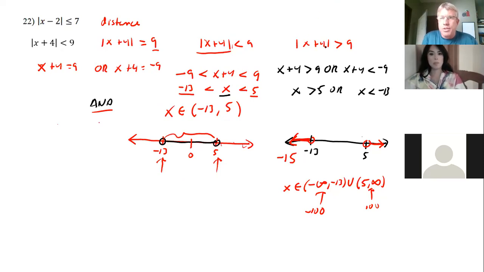To be greater than some distance from 0, you're almost always going to get a situation where you have two disjoint sets of numbers that don't overlap. Numbers less than negative 13 don't overlap with numbers bigger than 5. There's no overlap, which is why it takes two intervals to describe the possibilities that allow you to be a distance of greater than 9 from 0.